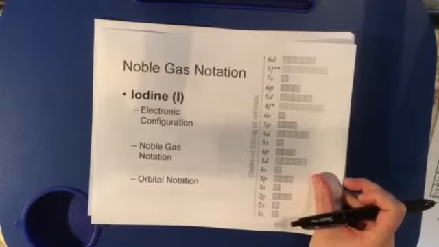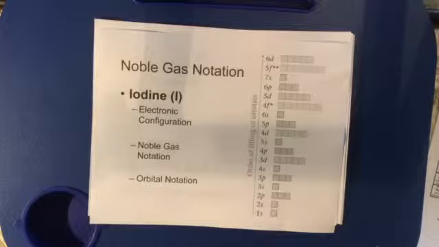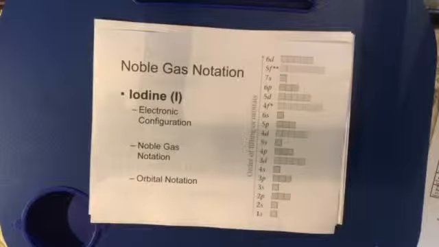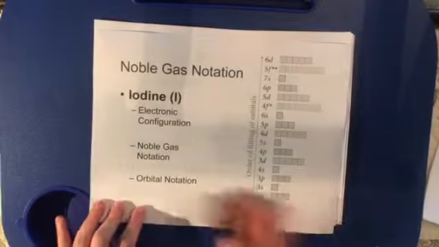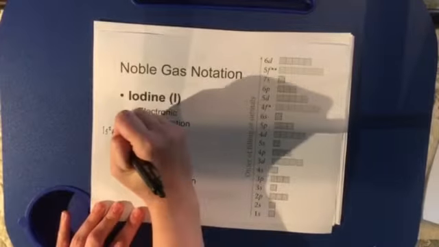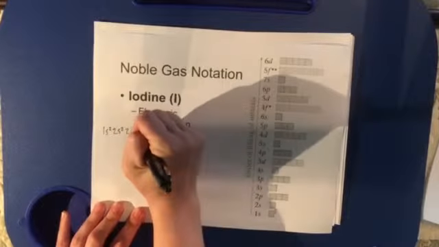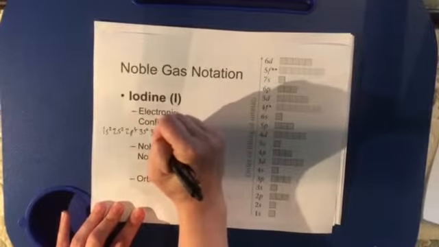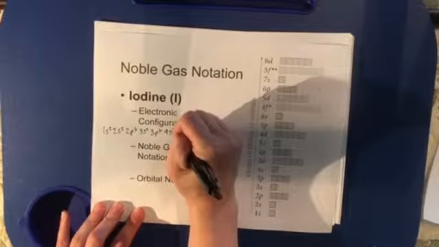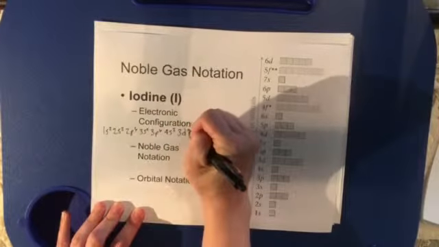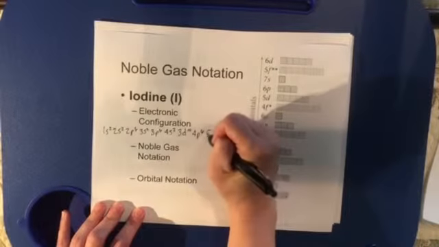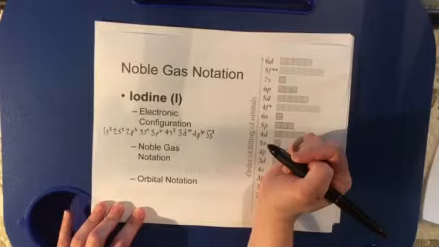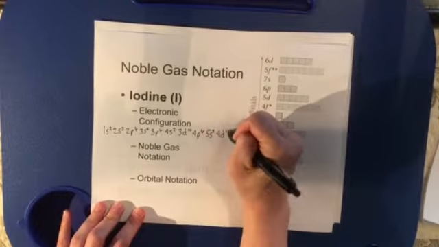Again, noble gas notation for iodine. Iodine is all the way down here, so it's even longer. Electron configuration is long: 1s2, 2s2, 2p6, 3s2, 3p6, 4s2, 3d10, 4p6, 5s2, 4d10.